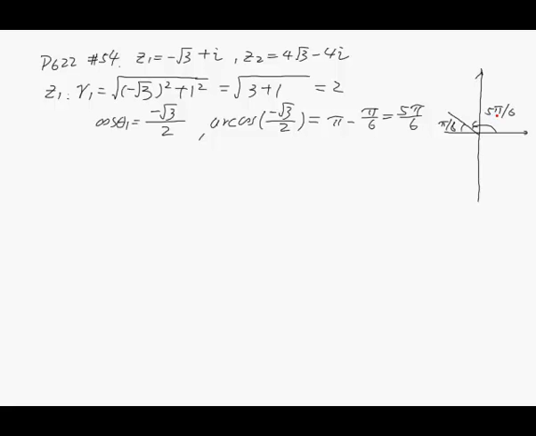So 5 pi over 6 is the argument of the first complex number, theta 1 equals 5 pi over 6. Now we can rewrite z1 in trigonometric form: the modulus 2 times cosine of 5 pi over 6 plus i times sine of 5 pi over 6.